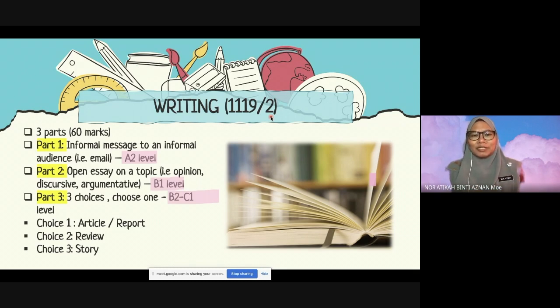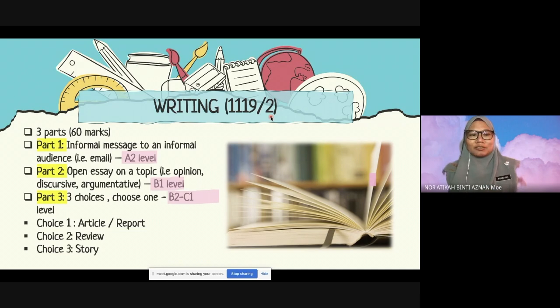So this is a very interesting skill that we want to develop in students, and thank God that we have the tasks in the paper that actually fulfill the needs. So let's go on to the first part.